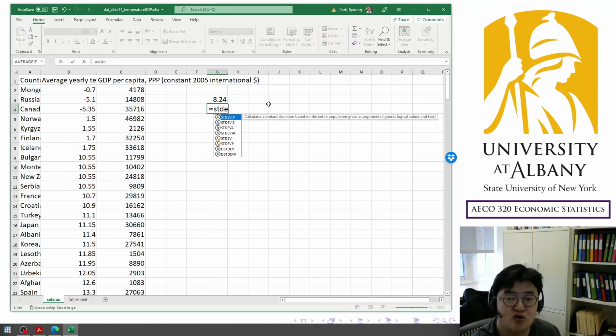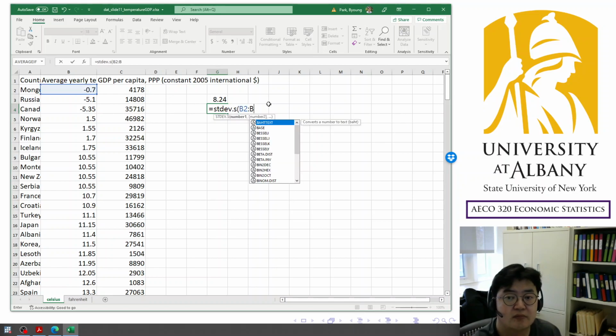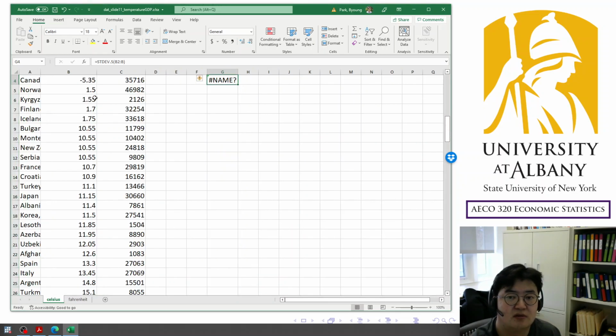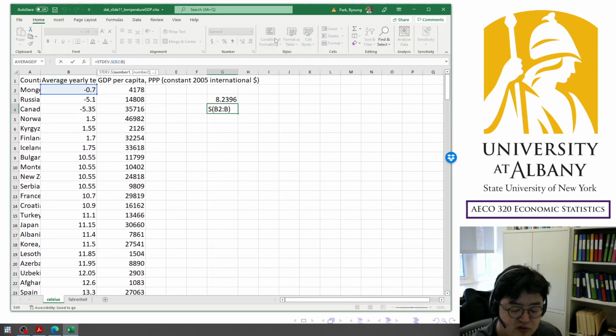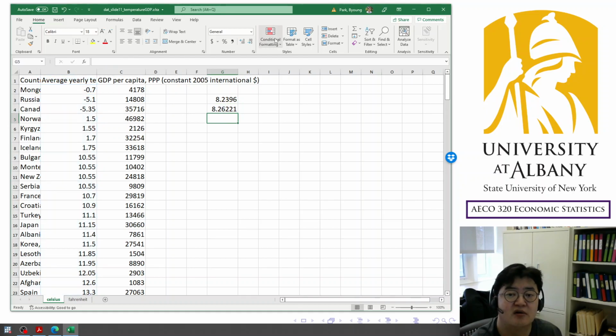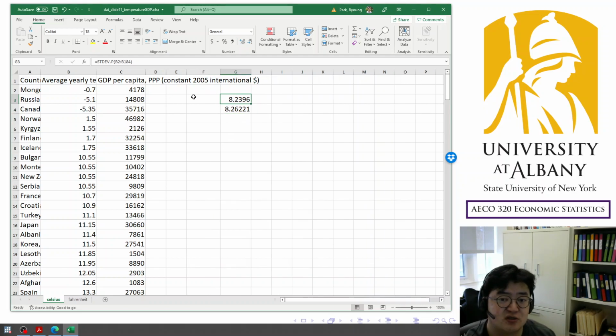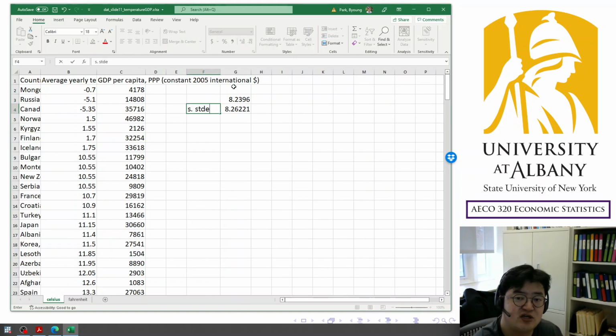But if you use the sample formula, B2 through B184, then this is the sample standard deviation. Let me write sample standard deviation and population standard deviation.